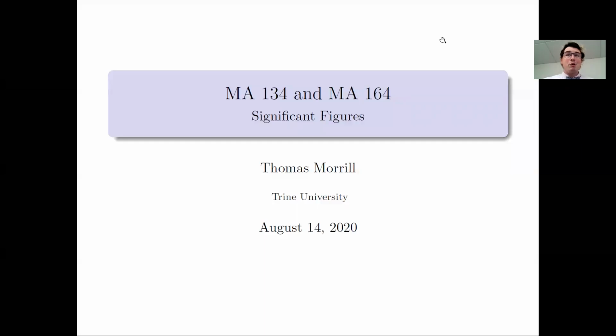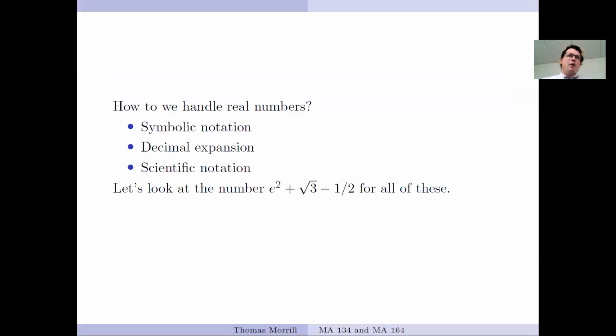All right. I had some questions this week about how I'd like people to express numbers. And I wanted to talk a little bit about different notations that we have for real numbers and what my preferences are for this class. So, in my mind, there's sort of three major ways that we use to represent real numbers.